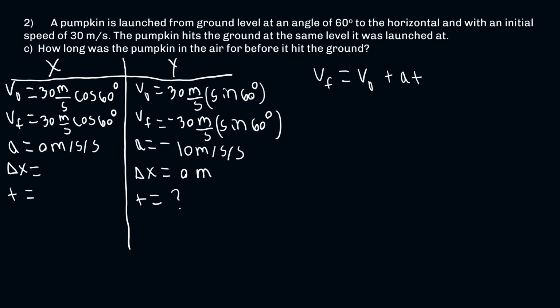So now we're going to start plugging in what we have here just based on variables. My final velocity is going to be the negative of my initial velocity times sine of theta.